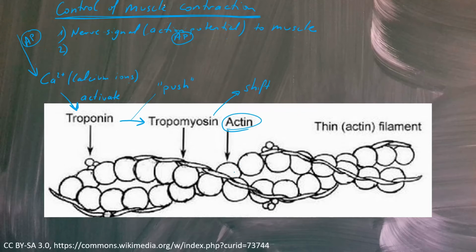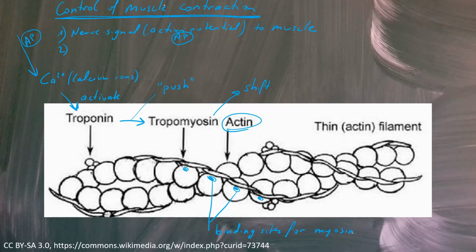I don't know if it's really there, but I'm going to draw this as blue circles. These are so-called binding sites for the myosin, which is the thick filament.